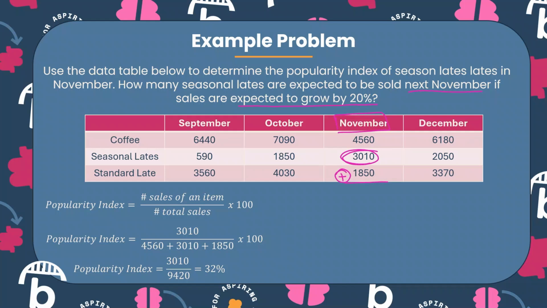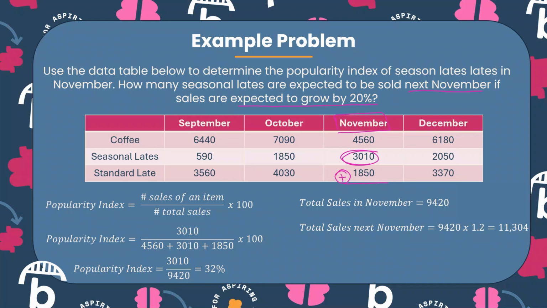Since we're told to expect a 20% growth next November, we need to think about percents as a metric of forecasting. So if total sales are expected to grow by 20%, and in November we sold 9,420 items, then 20% more sales next November would mean 120%, or 1.2, right?